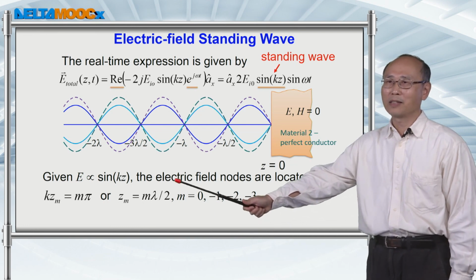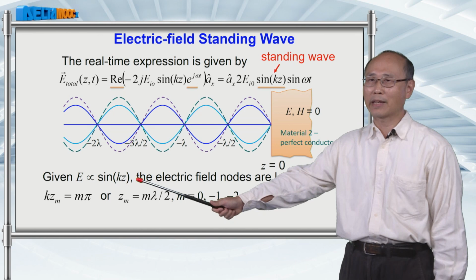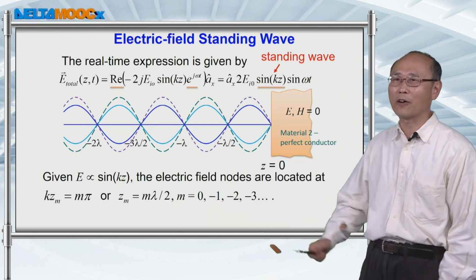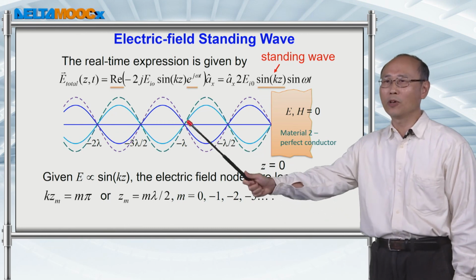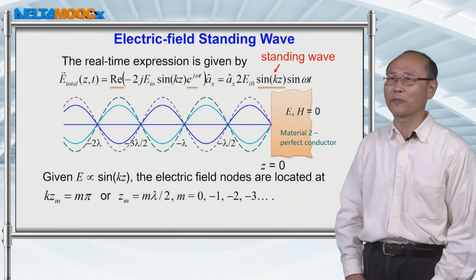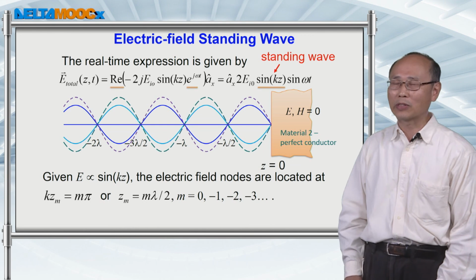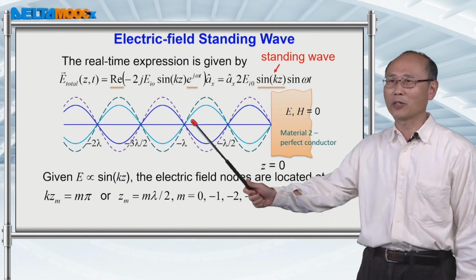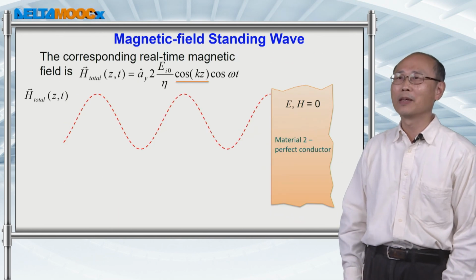And this electric field is proportional to sine kz, and this sine kz gives you the periodicity of this field pattern. So between two nodes, the separation of the distance is going to be equal to half of the wavelength. And this is something you also learned about a long time ago. For a standing wave, the separation between the nodes is equal to half of the wavelength.